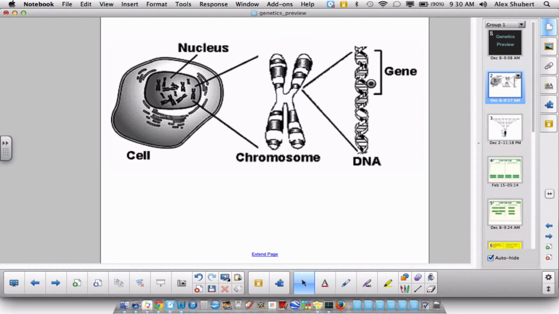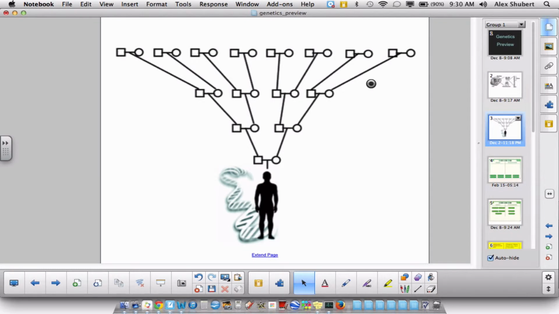So genetics, we're going to start off with simple patterns of inheritance, but understand that real genetics gets very, very complex. Here we'll look at what's called a pedigree. And in this case, this is just showing your direct ancestors.